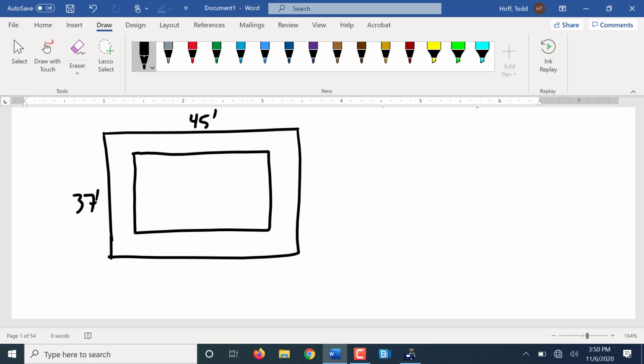The inside dimensions would be 41 feet by 33 feet. And we'll say the footing thickness is 9 inches thick. That's going to come into play in a little bit.